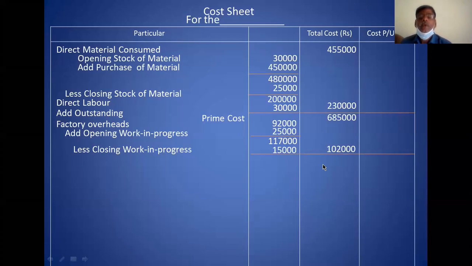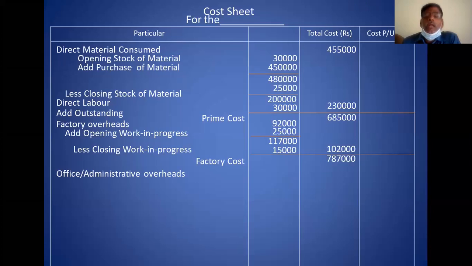Okay. Then take the total of prime cost and factory overhead. The total is 7,87,000. This is called factory cost. Then you take the office and administration overhead. Office and administration overhead is 30,000.